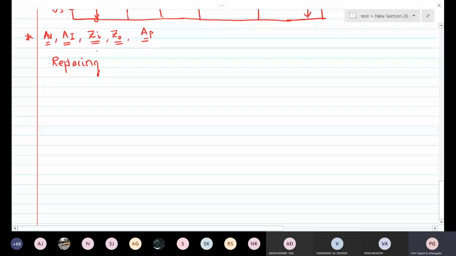I think we have already done H parameter equivalent circuits in one of the lectures. Okay. So replacing the BJT with its H parameter equivalent.